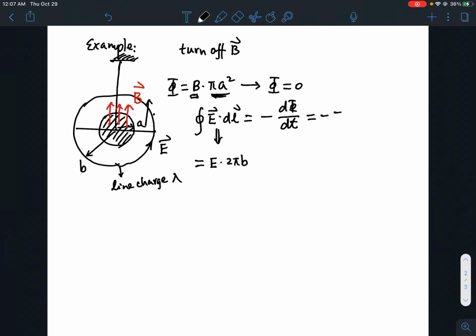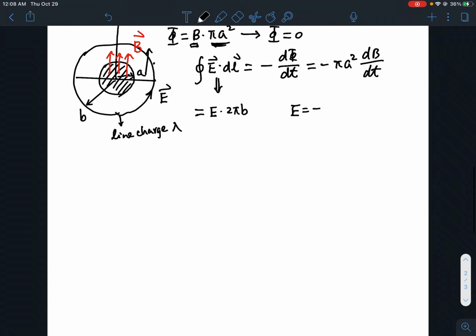Of course it will not directly go from a non-zero value to 0, so there is a rate of change there. It takes some time for B to go from some value to 0. So from here you can see that E is equal to minus a squared divided by 2b times dB over dt.